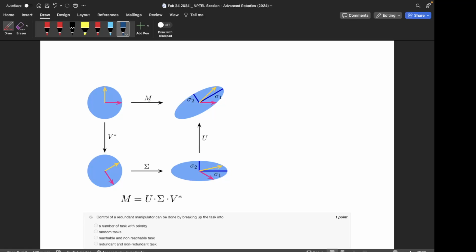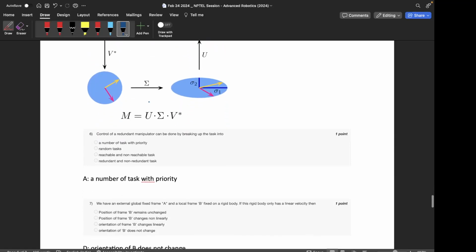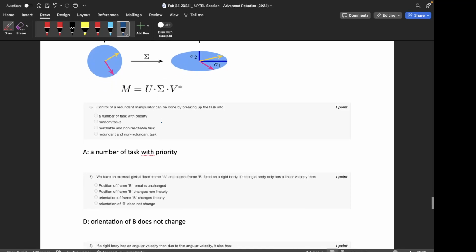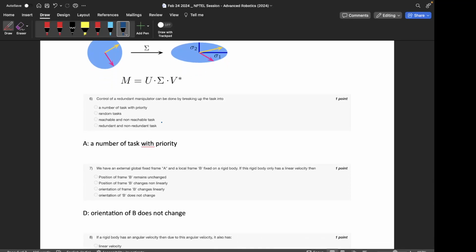So the sphere of joint velocities gets transformed by the action of the Jacobian into the end effector velocities, and that space is a hyperellipsoid in n dimensions. Okay, any questions?